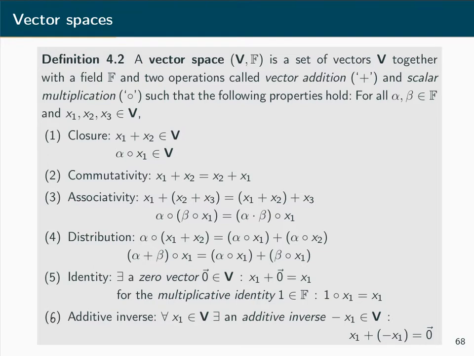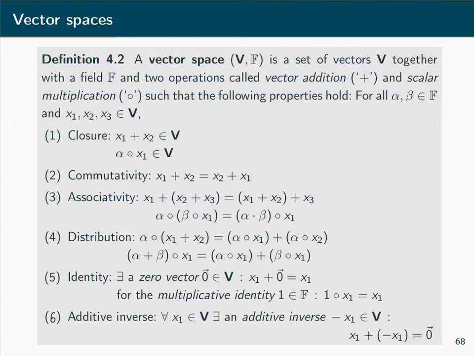Third, associativity. So I can add x1 to the sum of x2 and x3 and get the same vector as if I first add x1 and x2 and then add x3. And similarly for any two scalars alpha and beta, if I first multiply a vector x1 with beta and then with alpha, I get the same vector as if I first multiply the two scalars together and then multiply this with the vector x1.